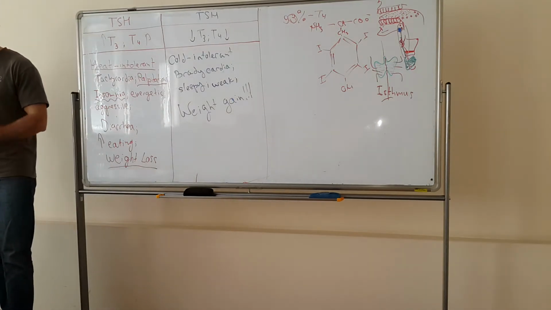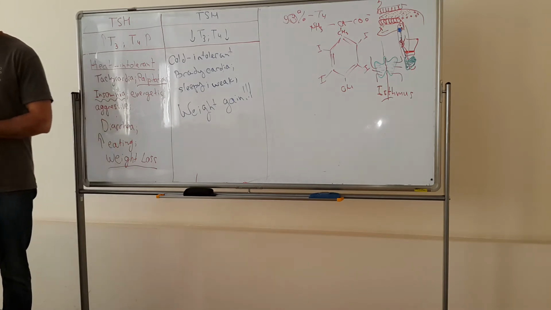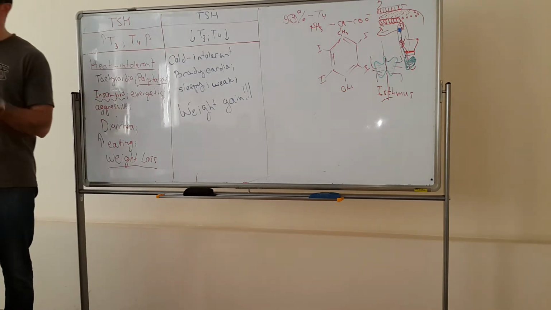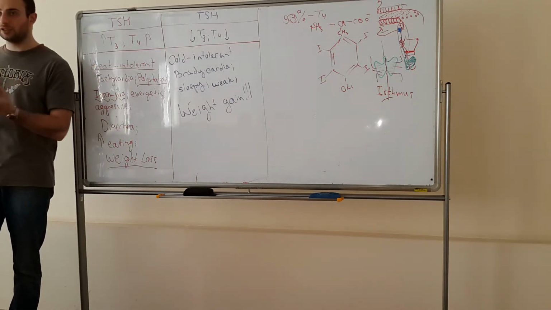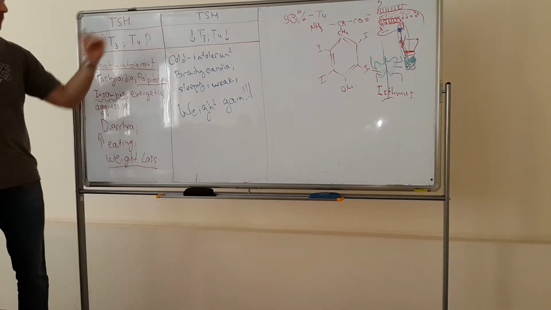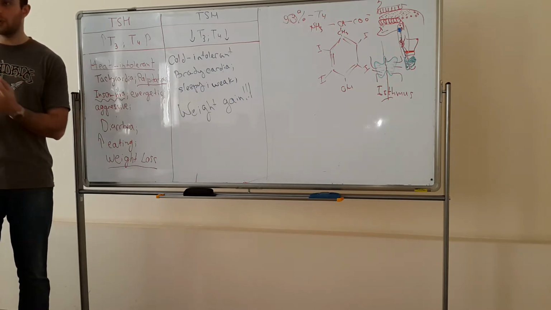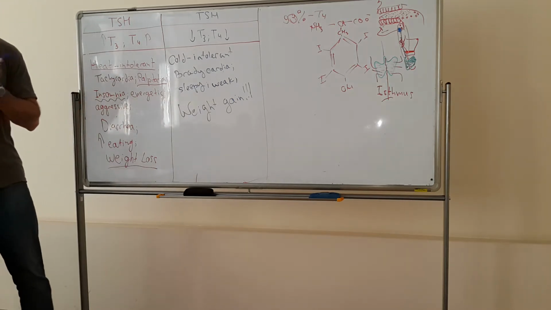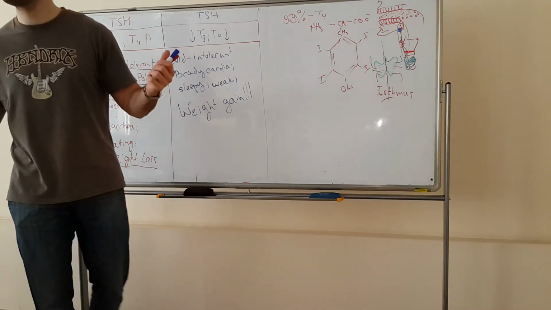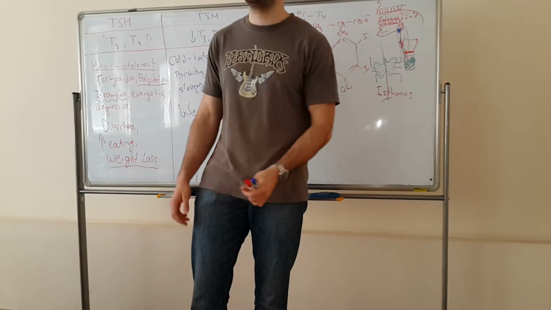So why do you need to do TSH every time you check for T3 and T4? Because the first cause of the excess or low amount of T3 and T4 can be two things. Either my thyroid gland just became crazy and decided to make a lot of T3 and T4.